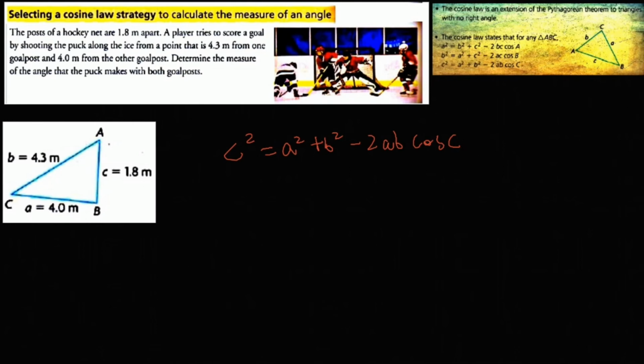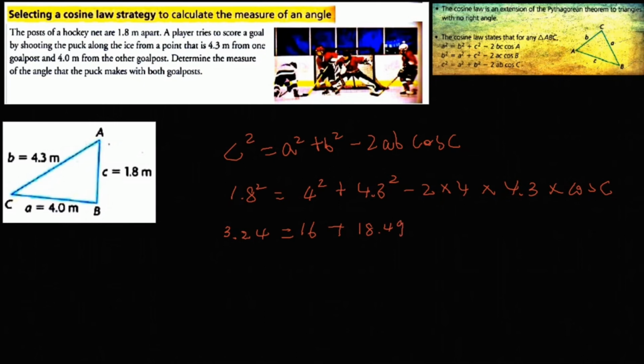C squared, we know 1.8 squared, equals A squared, A equals 4, so 4 squared plus B squared, B is 4.3 squared, minus 2 times A, 4, times B, 4.3, times cosine C. We don't know cosine C. So 1.8 squared is 3.24 equals 16 plus 4.3 squared, which is 18.49.